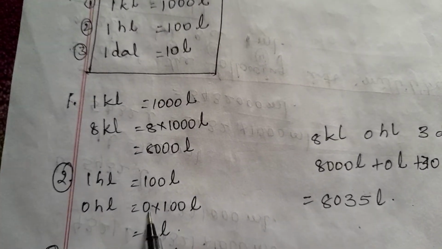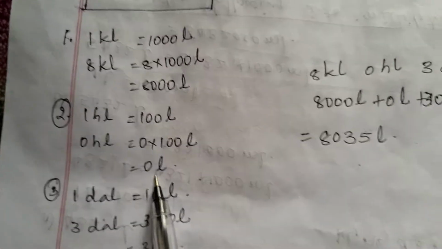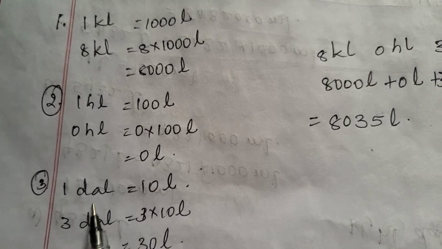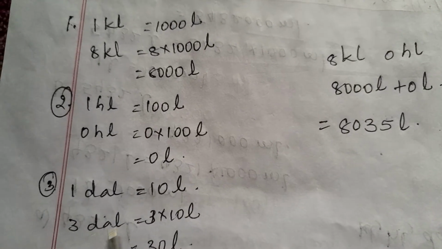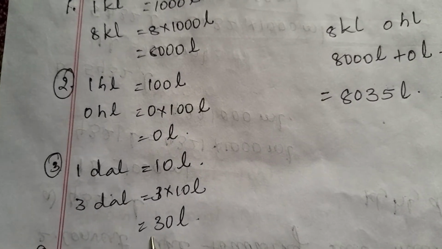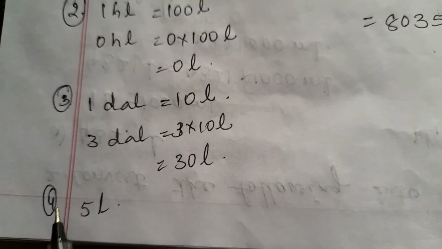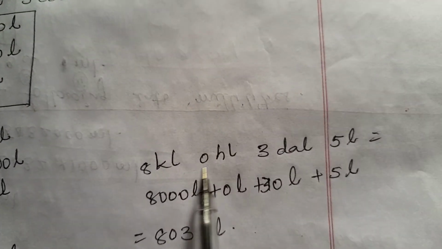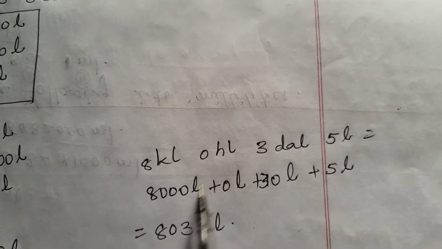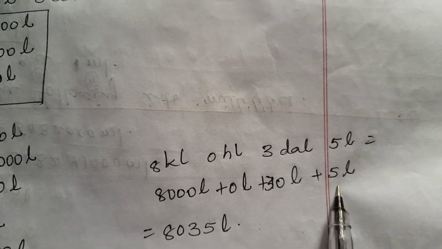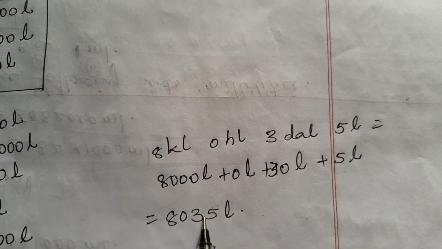So 0 into 100 is 0 liters. For third one, 1 DAL equal to 10 liter. For 3 DAL, it is 30 liter. Fourth one is 5 L. So as per the question given, we will add all the liters. It is 8035 liter.